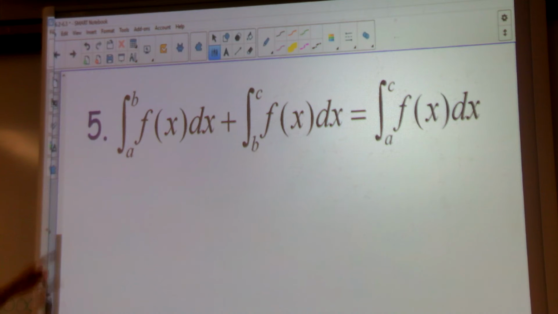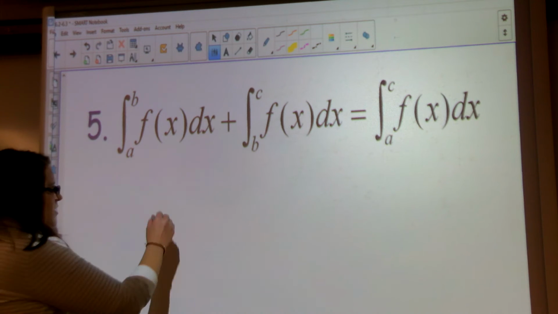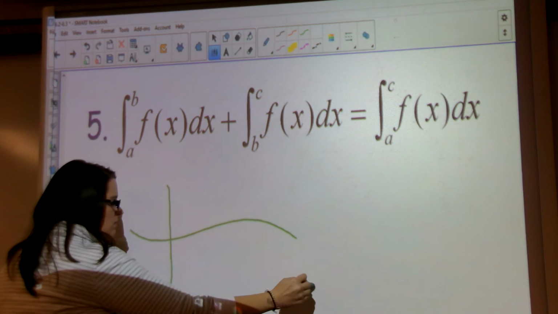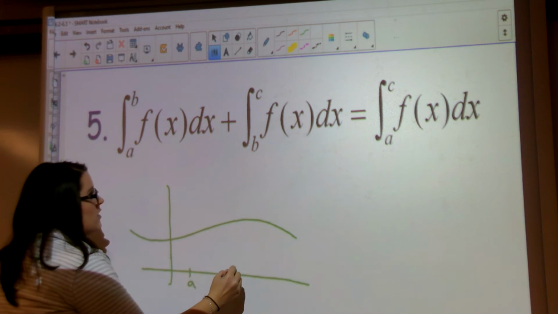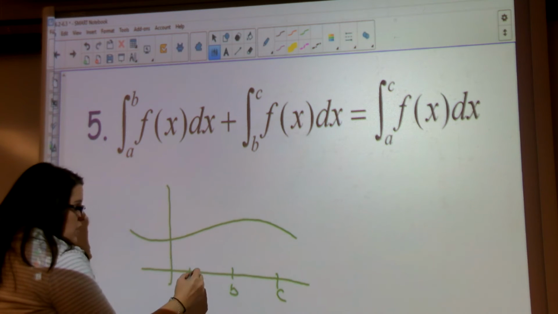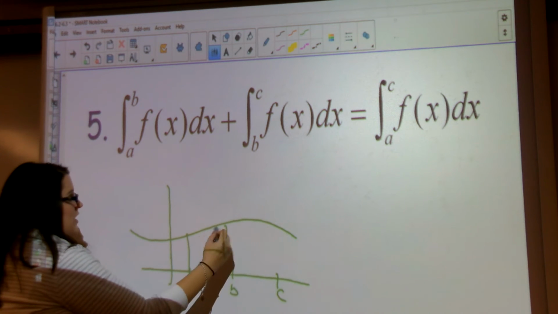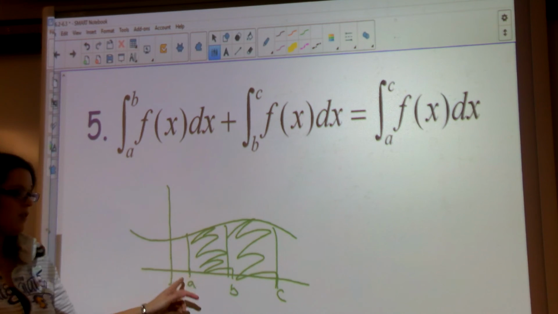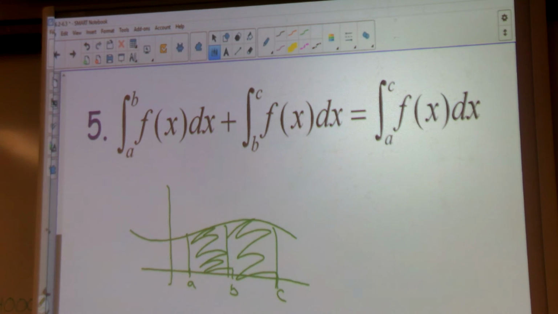The integral from A to B of f of x plus the integral from B to C of the same function is equivalent to the integral from A to C. So here's A, B, C. If I add the integral from A to B plus the integral from B to C, did I just find the integral from A to C? Yeah. Now, a lot of people forget that we can rearrange that.